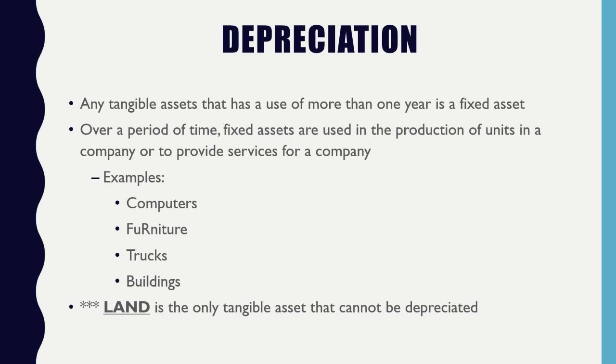So here, what are some examples of fixed assets that you can depreciate? You could depreciate any fixed asset, so anything that's property, plant, or equipment. That can include computers, furniture, trucks, buildings. The only exception to this rule is going to be land.